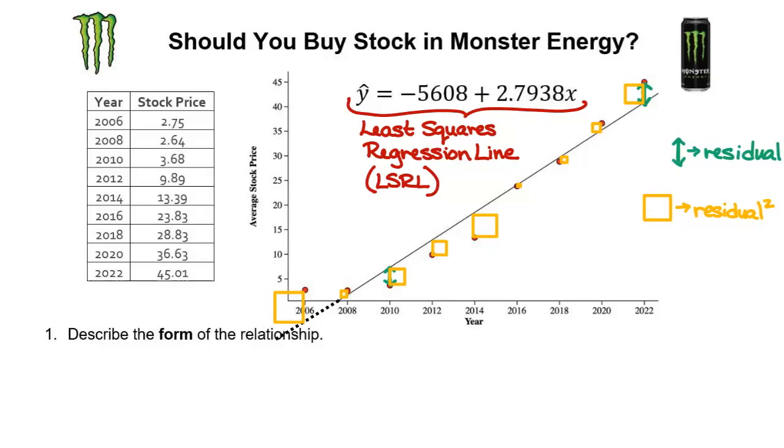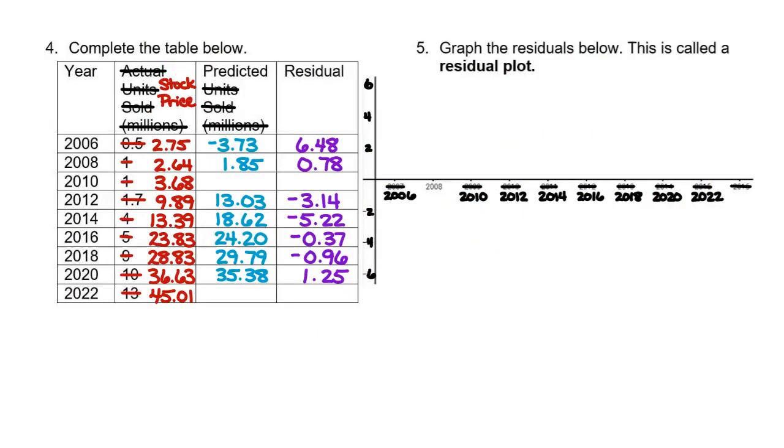Let's come down and look at number 4. And I made a boo-boo when I was making your notes. I grabbed the wrong table and put it here. So I need you guys to fill in these pieces. I'm not going to make you calculate all of it, but I want you to fill in those pieces, and I need you to fix the years on the graph also. That was my big bad there.